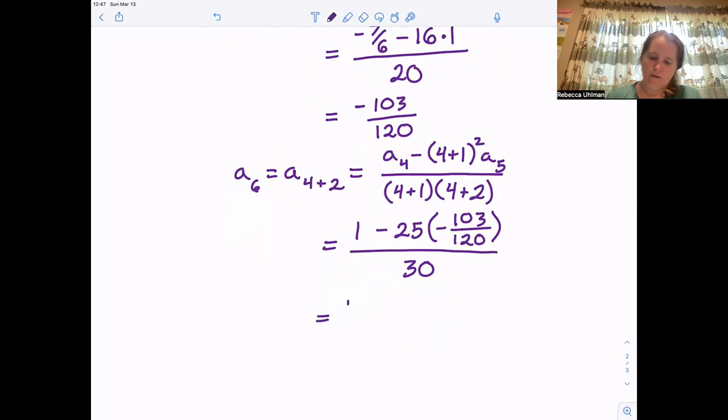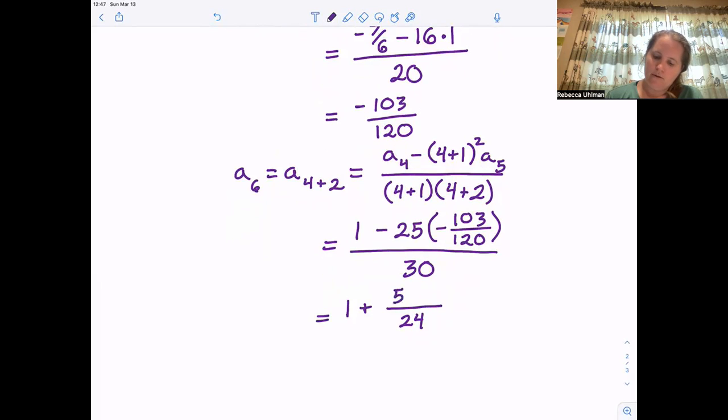So we're looking at 1 plus, we would have 24 in the denominator, 5 times 103.